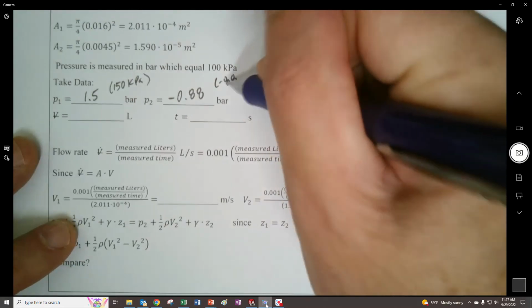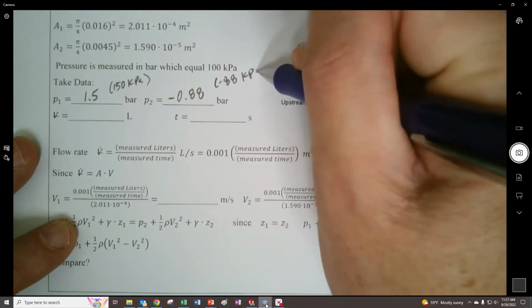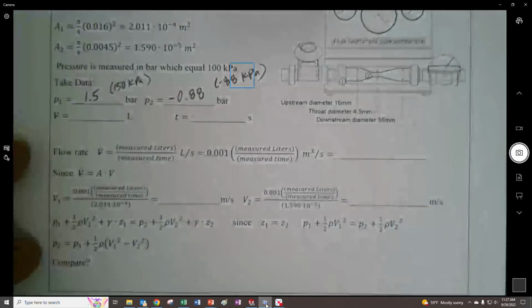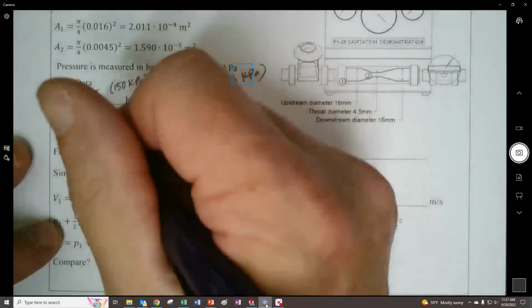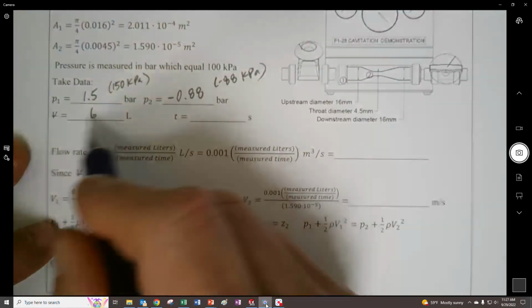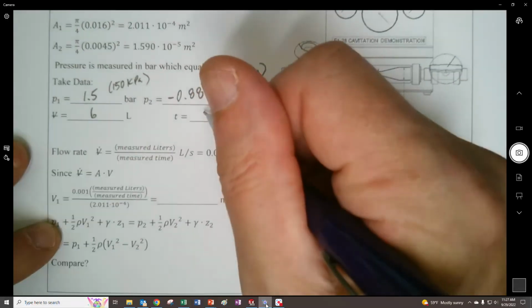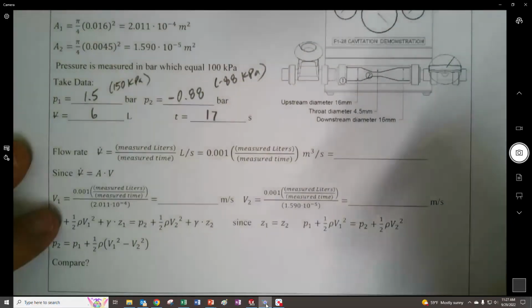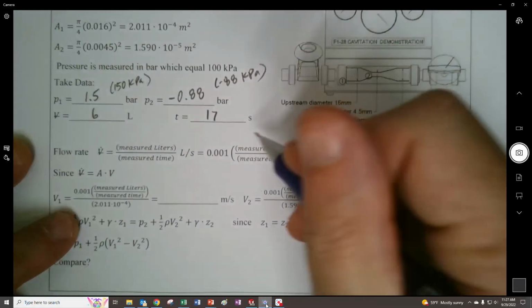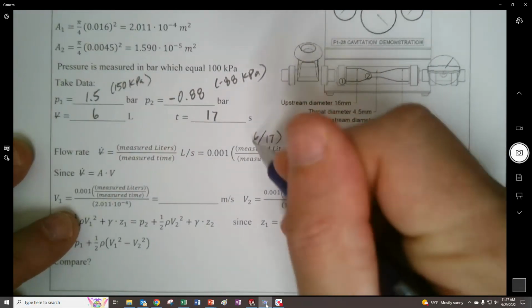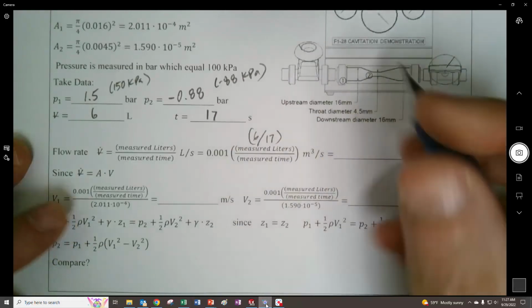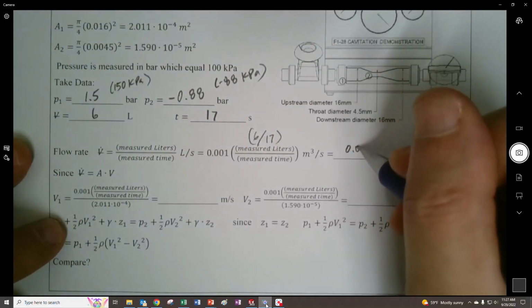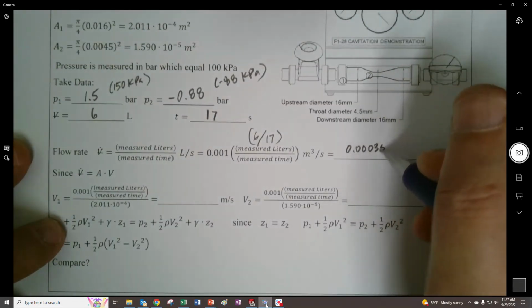I'm calling this 88 kPa vacuum, if you will. The volume that I chose to use was 6 liters, and it took me 17 seconds to accomplish that. So my flow rate, if I take 6 divided by 17 and multiply it by 0.001, I got 0.000353.